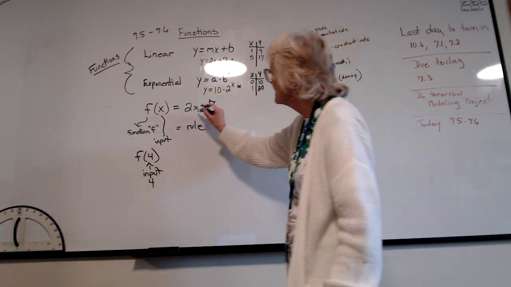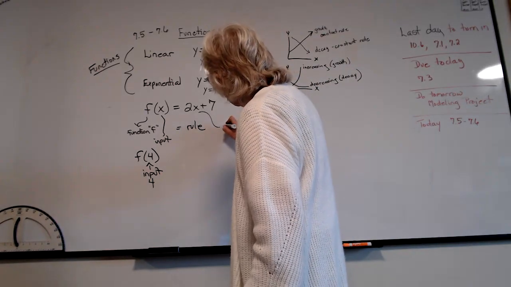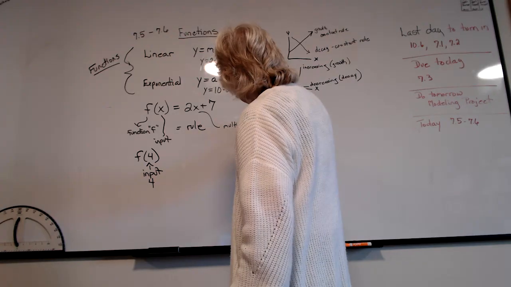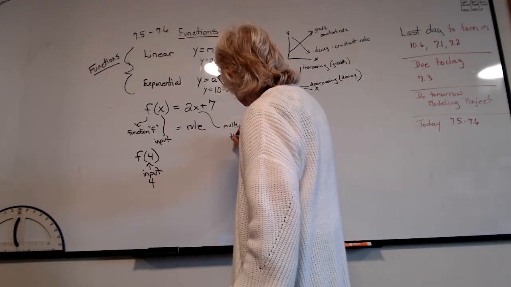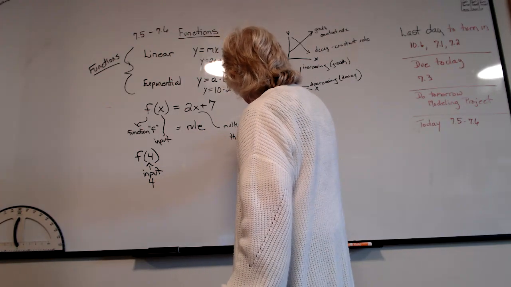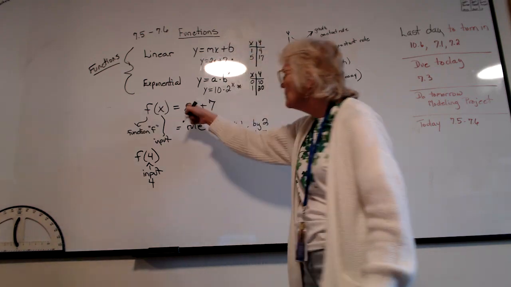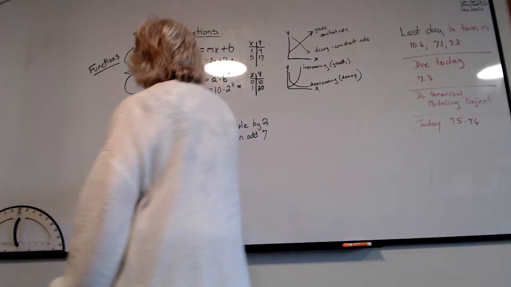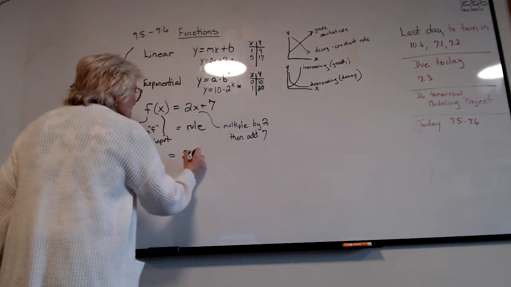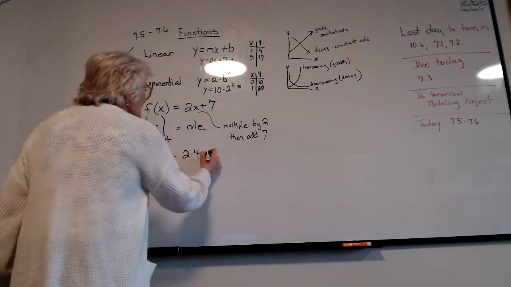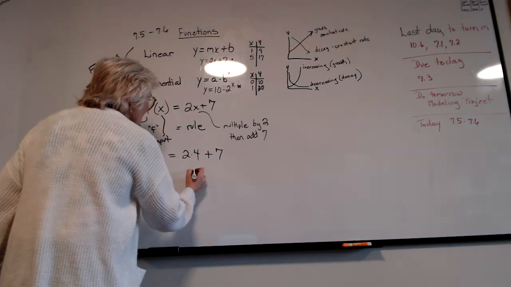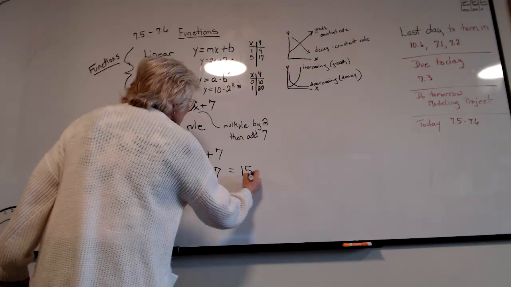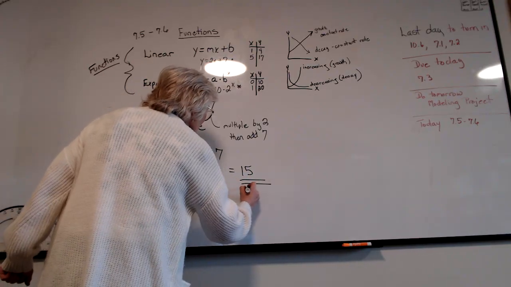So this rule says multiply by 2, then add 7. That's what the rule basically says. So when I input 4, what I get is 2 times 4, and then I add 7. So I get 8 plus 7, which equals 15. This is called the output.